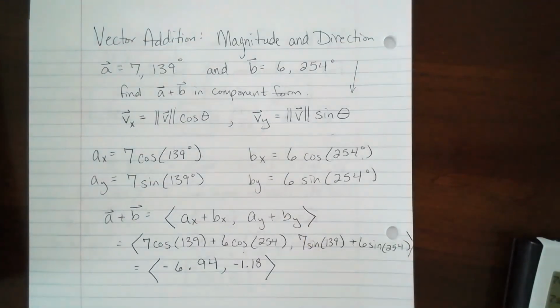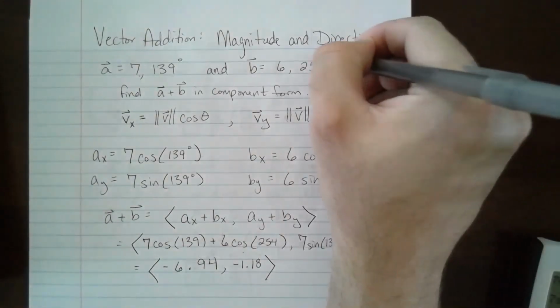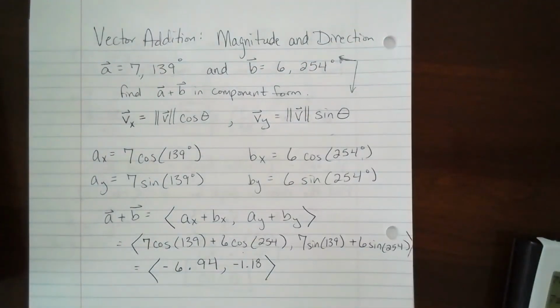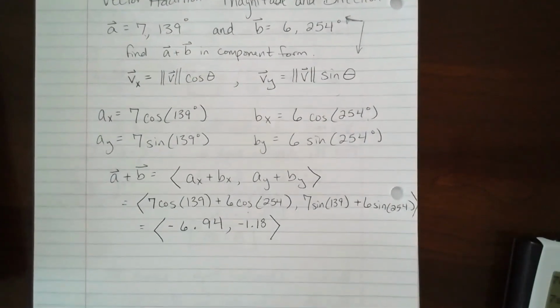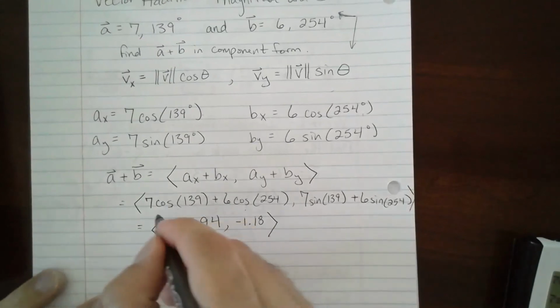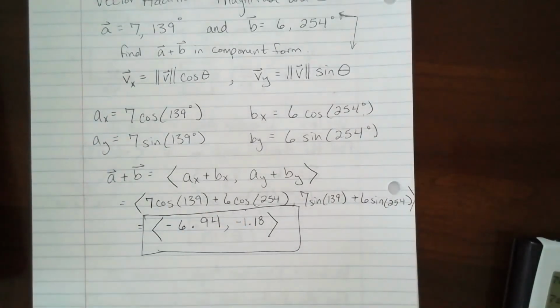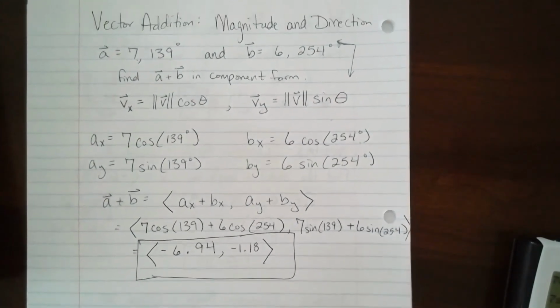It's not too close to 180, although it's getting there. It's actually pretty close to in between, so it's doing something kind of like this, kind of in the middle. It's not pushing up as strongly as the other vector is. So this negative 1.18 actually feels pretty okay to me. I do feel like it would stay somewhat in that negative region there. And you could verify this in other ways, but for our purposes here, this is what we expect to see. And this would be our final component form for adding up our vectors A and B.